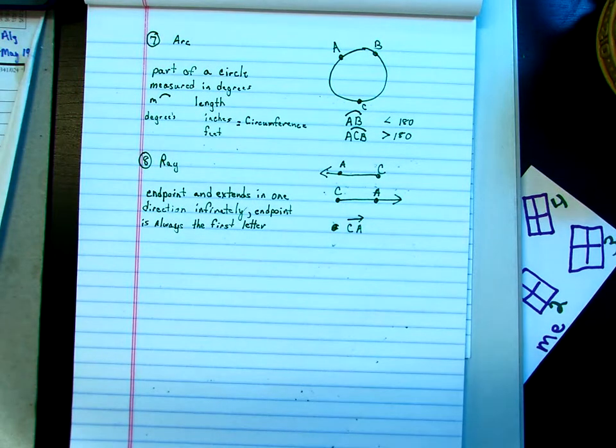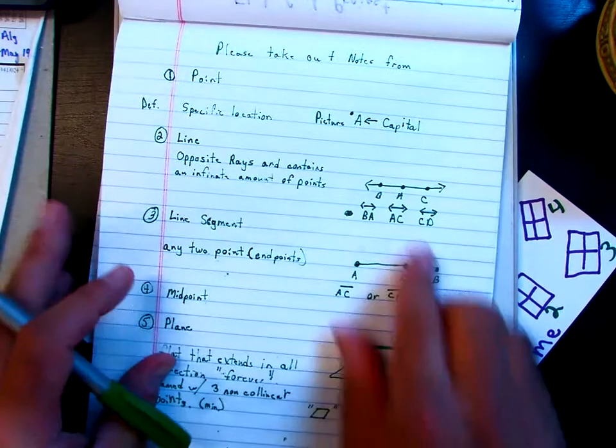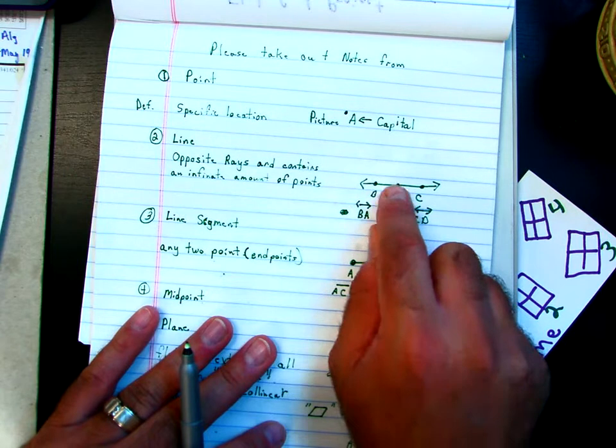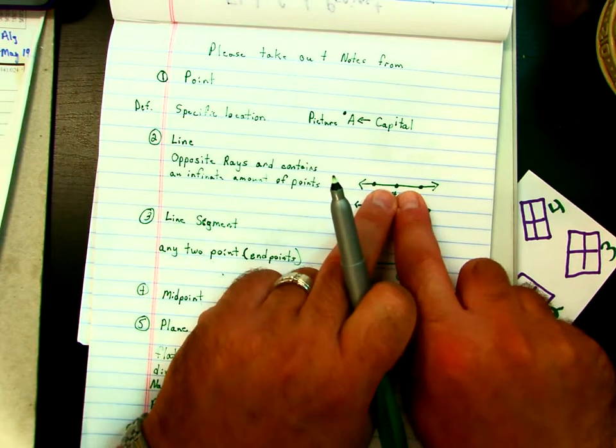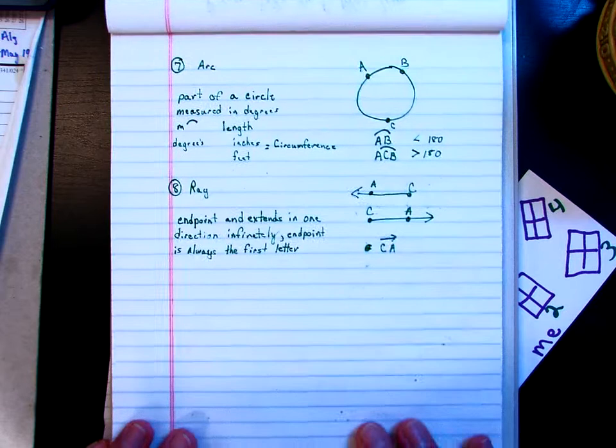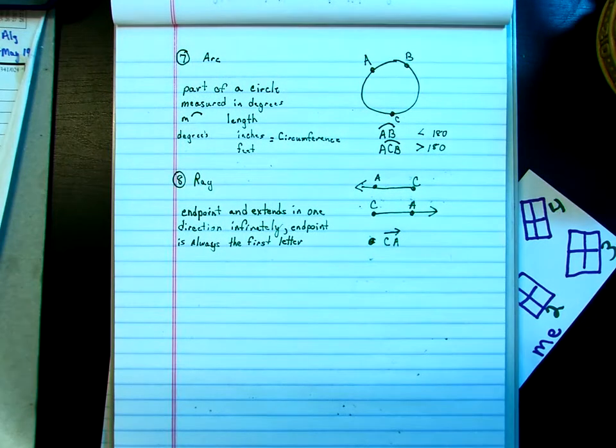I'm going towards A, or away from A. Hopefully you understand now why a line is opposite rays, because I have ray AC and ray AB. They go in opposite directions and share the same endpoint in the middle. You're also going to learn that that's called a straight angle, but that's later on. The difference between a line and a straight angle is a straight angle must have 3 points, whereas a line does not always have to have 3 points.